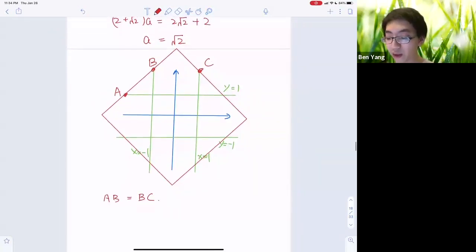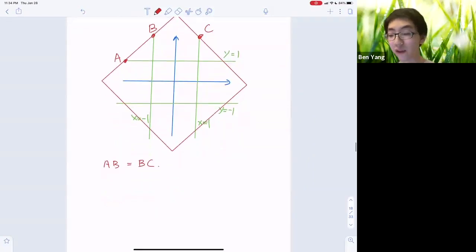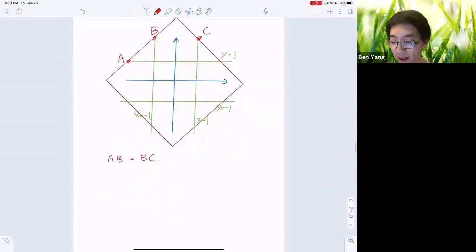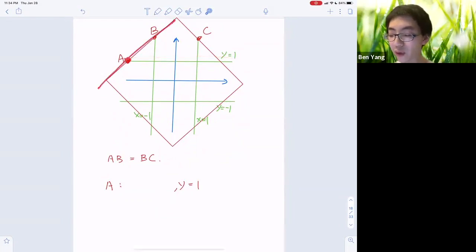So let's try to find coordinates of those points. So for A, y is equal to 1. This is pretty similar to what we did for the previous case. So y is equal to 1. And the point A is also on the line y is equal to x plus a. So x is equal to 1 minus a.